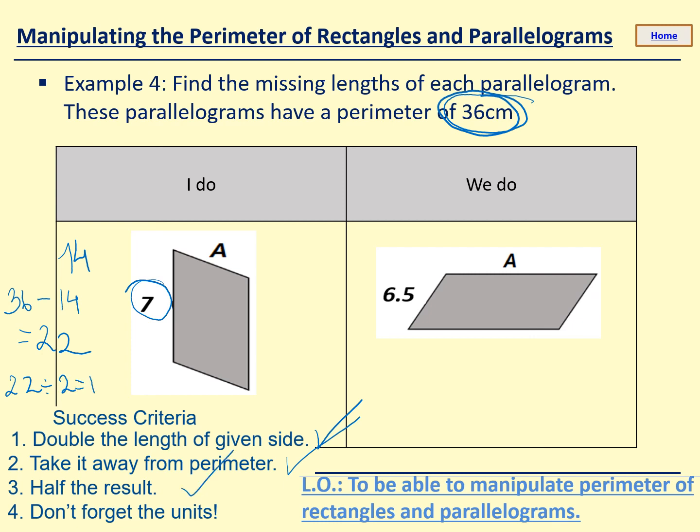Done. So A equals 11 centimeters. That's it. Now pause the video and have a go at the next question yourself. If you have A equals 11.5 centimeters, well done. You know how to find the missing length of a side of the parallelogram.